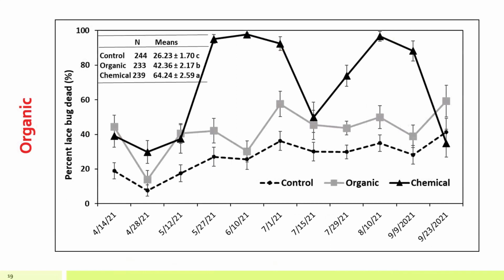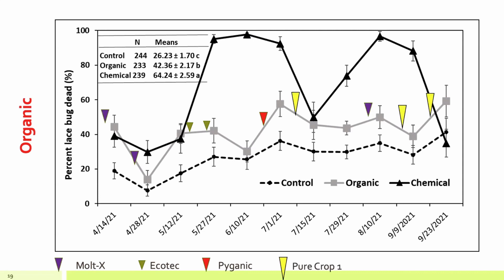So looking at the organic side, the program started with that Molt-X, and you can see that it's trending down after that application. The Ecotech had a little bit of maintaining some dead. And then after the Pyganic application, you see the spike in the number of dead, which was expected with the Pyganic product.